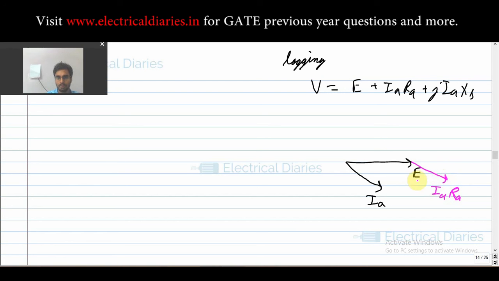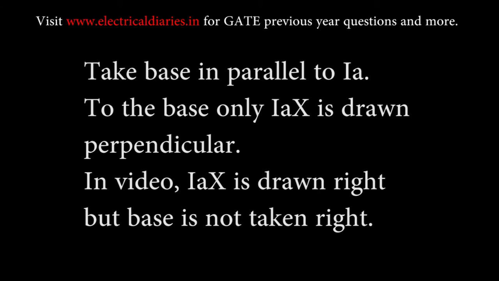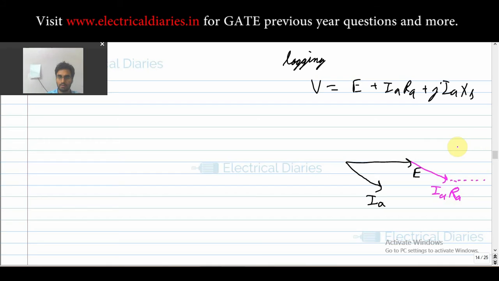Now I have to add jIA XS. j means 90 degrees, and you have to move in the anti-clockwise direction. If you take this as a base, anti-clockwise will be this.